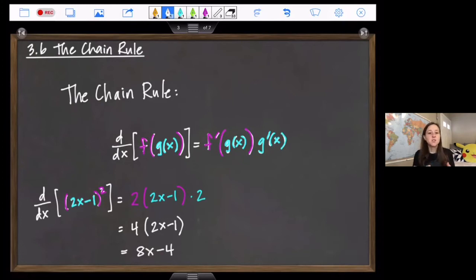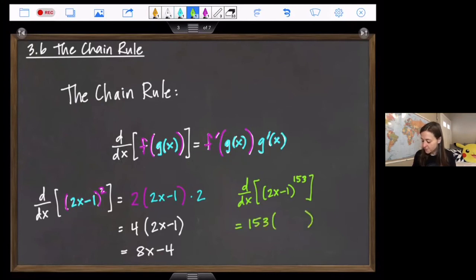So the power of the chain rule is that we could also take that other derivative that I said, what if it was the derivative of 2x minus 1 to the 153rd power? The cool thing about the chain rule is that this derivative in green is no harder than it was for the one that was being squared, right? It would say, take the derivative of the outside function, that 153, subtract 1 power rule to the 152, leave the inside function alone, so we would leave the 2x minus 1 alone, then multiply by the derivative of the inside function.